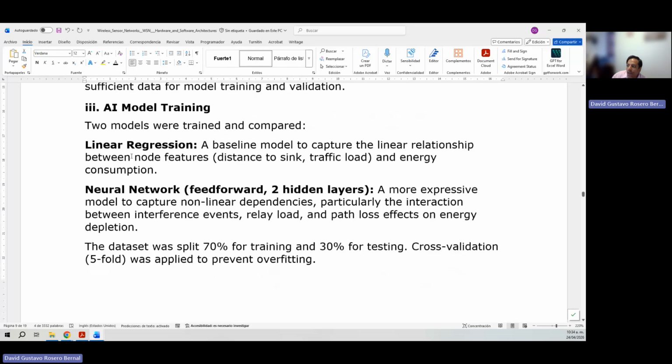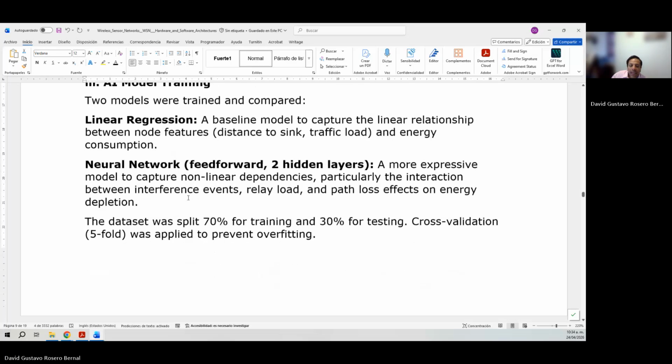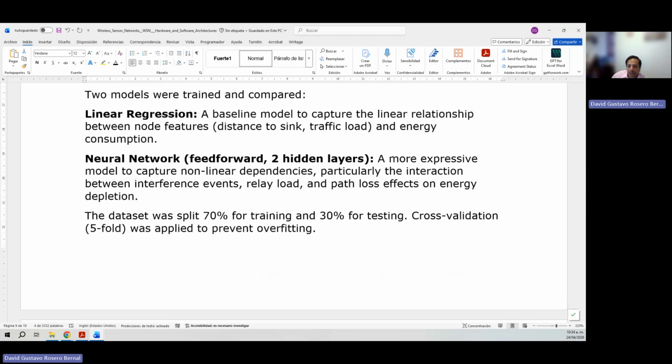Two models were used for training and comparison. The linear regression, a baseline model to capture the linear relationship between node features, and the neural network, a more expressive model to capture nonlinear dependencies.